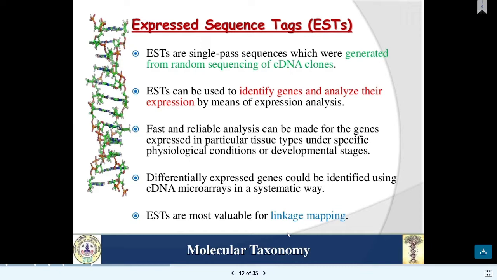Differentially expressed genes could be identified using the cDNA microarray in a systematic way, which is a very efficient technique, and currently researchers and institutes prefer this technique, EST labeling or EST identification. These are the most valuable for linkage mapping.